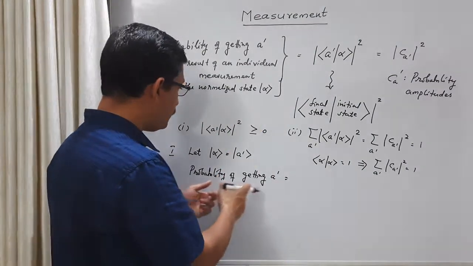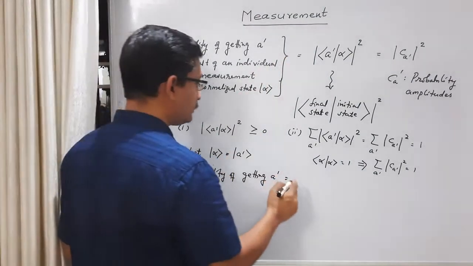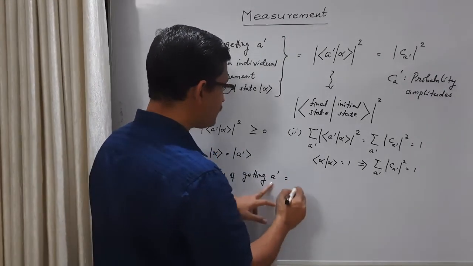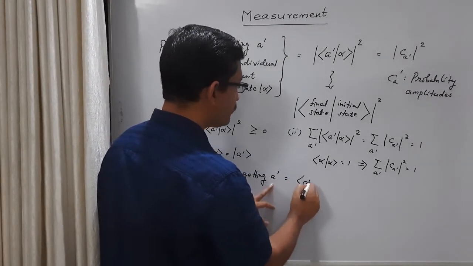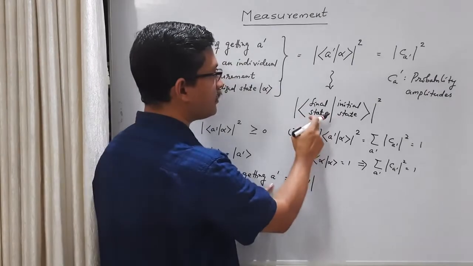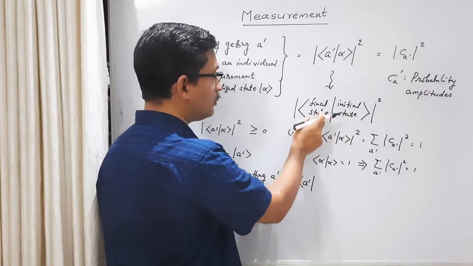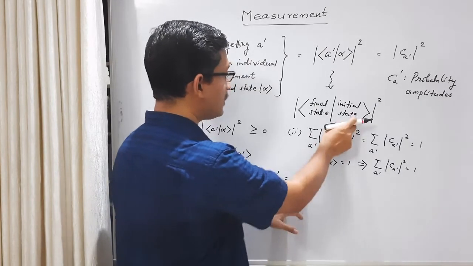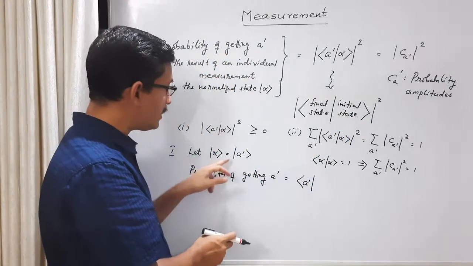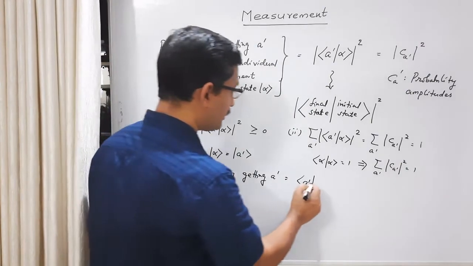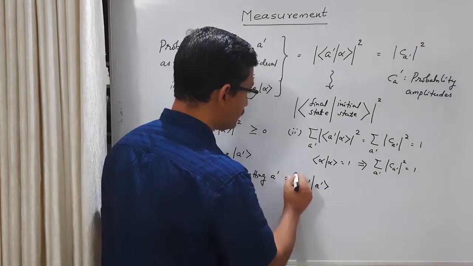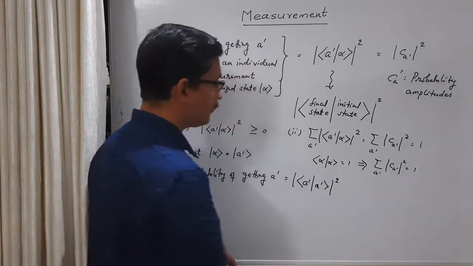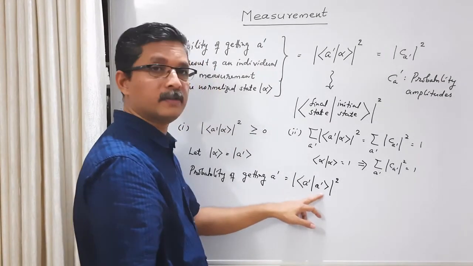Let us see. The probability of getting A prime according to this expression: the final state is A prime, and we have to take the inner product between the final state and the initial state. On the bra vector side, you have the final state, which is A prime. On the ket vector side, you have the initial state, which is again A prime, the same eigenket. This is the probability. But what is A prime inner product with A prime?